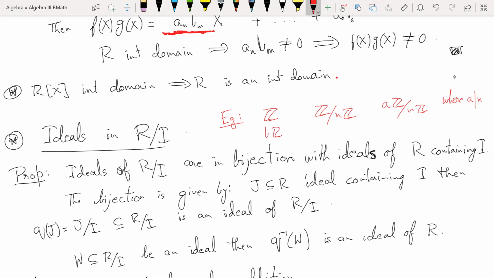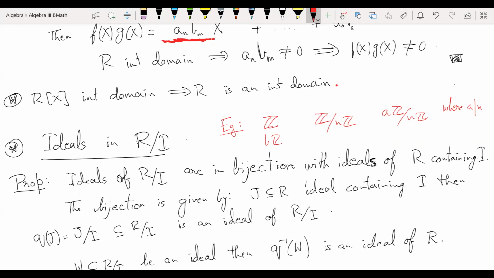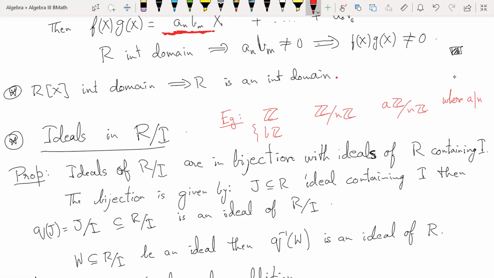If you are looking for ideals which contain nZ, then it is precisely of the form bZ such that b divides n. These are ideals of Z containing nZ.